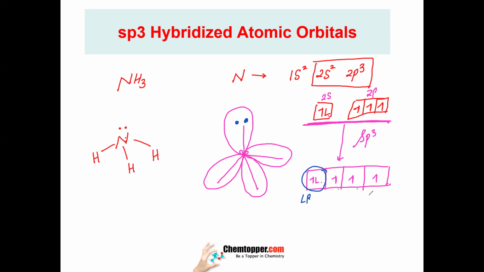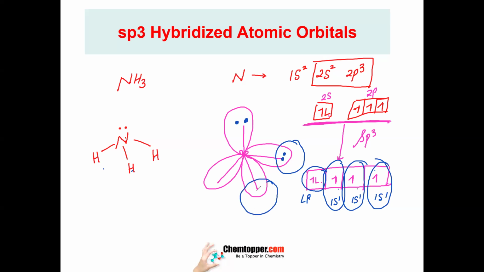The other three sp3 orbitals are overlapping with the hydrogen. Hydrogen 1s1. There are three hydrogens you can see. So they are overlapping like this, like this, like this. So let's put hydrogen here. Here is the bond pair. This is the bond pair.